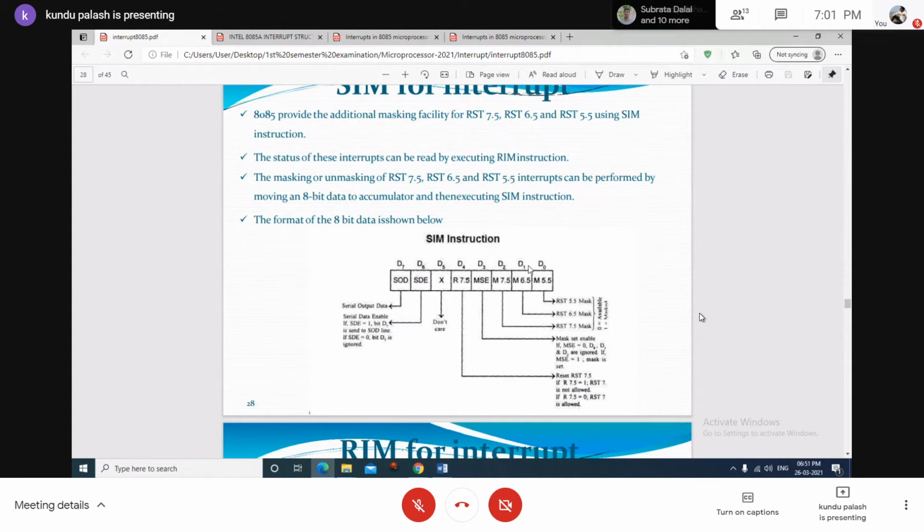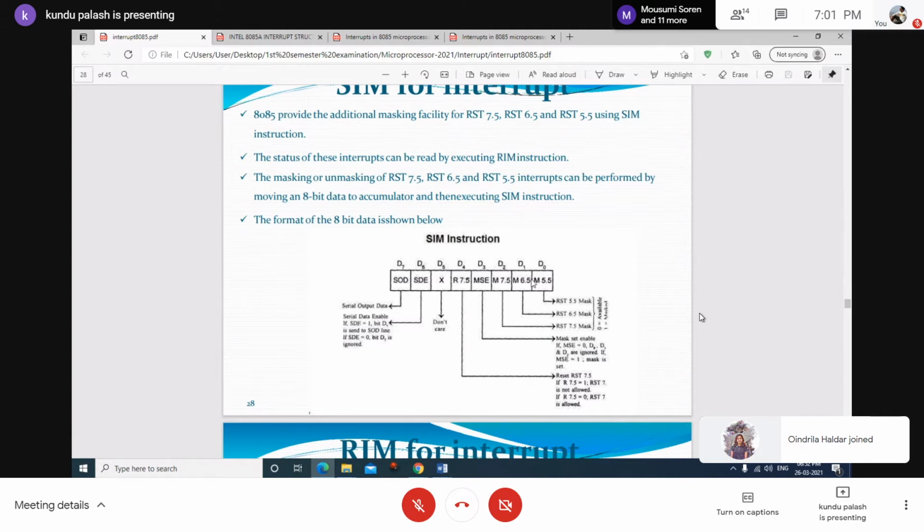So the D0 bit is the masking bit for 5.5. The D1 bit corresponds to the masking of 6.5. The D2 bit corresponds to the masking of 7.5. D3 is for another purpose, that is mask set enable. Masking is done only when this bit is on, that means 1. Otherwise, if this bit is 0 and the user selectively masks any one of these hardware vector interrupts, it will not be masked.